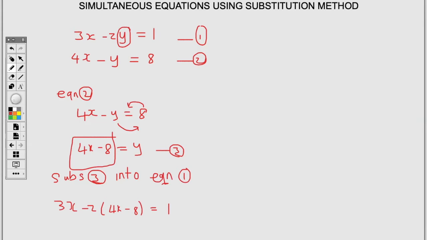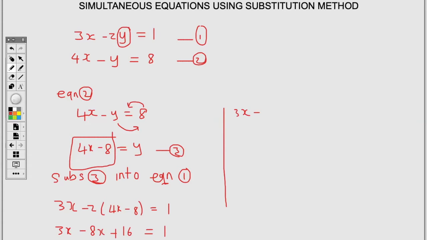Now the next step is to simplify, so I'm going to multiply minus 2 times positive 4x, that gives us negative 8x, then negative 2 times negative 8, that gives us positive 16 equal 1. Now I'm going to carry the 16 over the equal sign because now I'm grouping like terms.